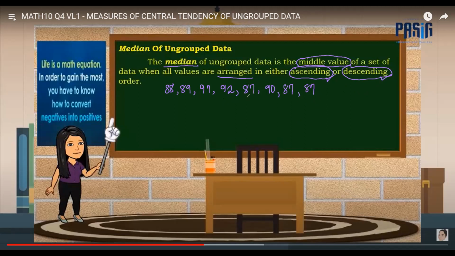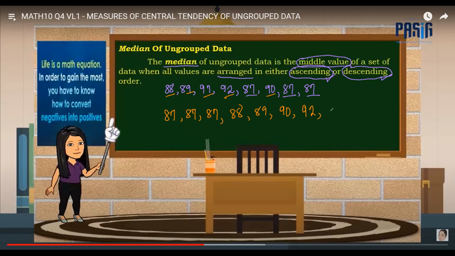So, arrange natin siya, the lowest grade up to the highest grade. So, the lowest is 87. Tatlo yung 87 natin. We have 87, 87, 87. Sunod doon is 88. Then we have 89. Then we have 90. Sunod ay 92.